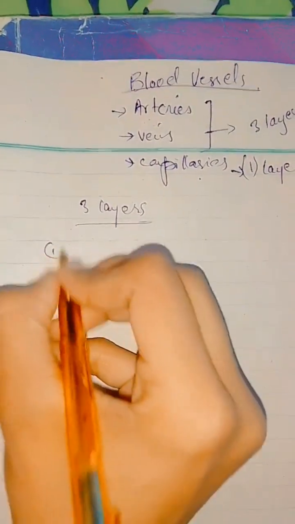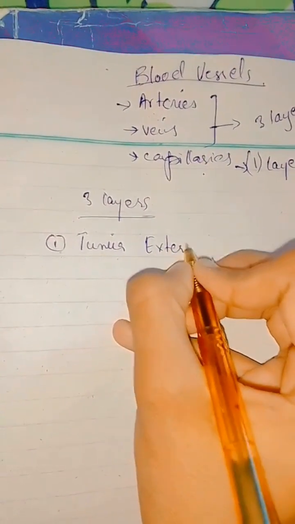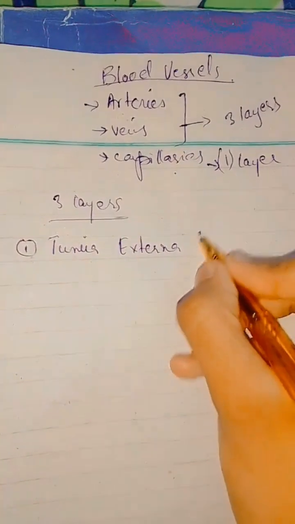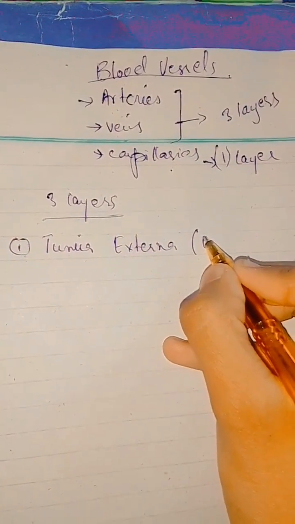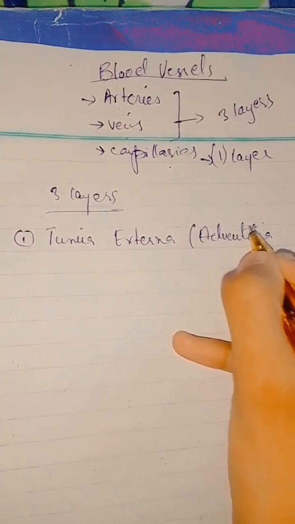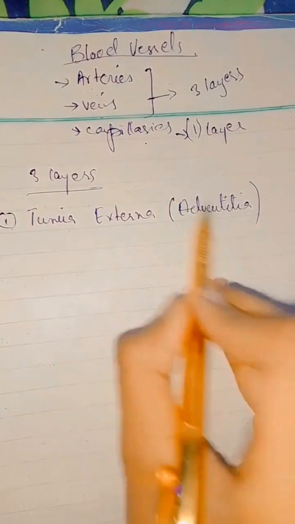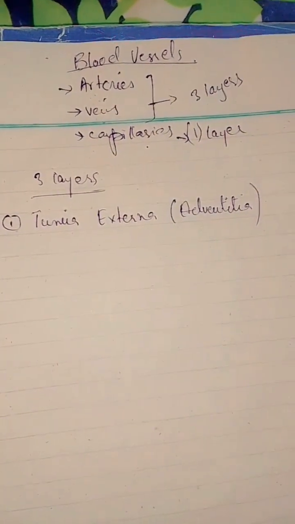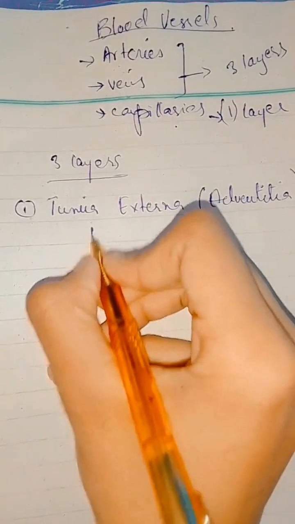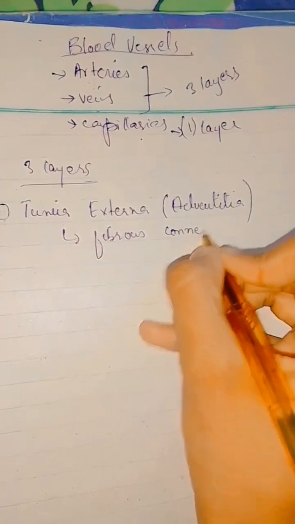Basically, the first layer is tunica externa, that is also known as tunica adventitia. That is the second name of tunica externa. Basically, tunica externa is made up of fibrous connective tissues.